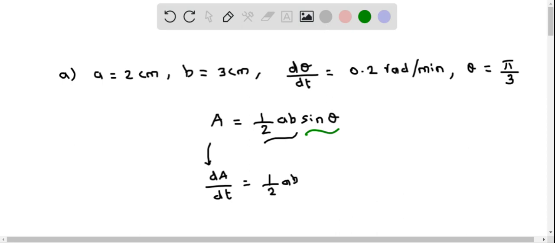When you differentiate sine theta, it is cosine theta, and then use the chain rule to differentiate theta with respect to time, which is d theta over dt.